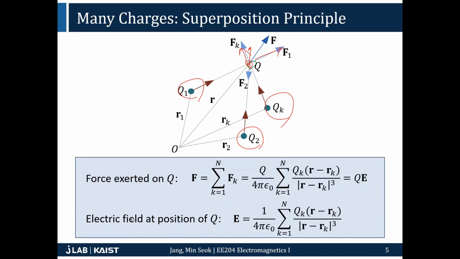And then the electric field at the position of Q is defined by normalizing F by Q. So electric field means if you have a unit charge at this position, what would be the force that this charge would feel? In that sense, the electric field is a force field.